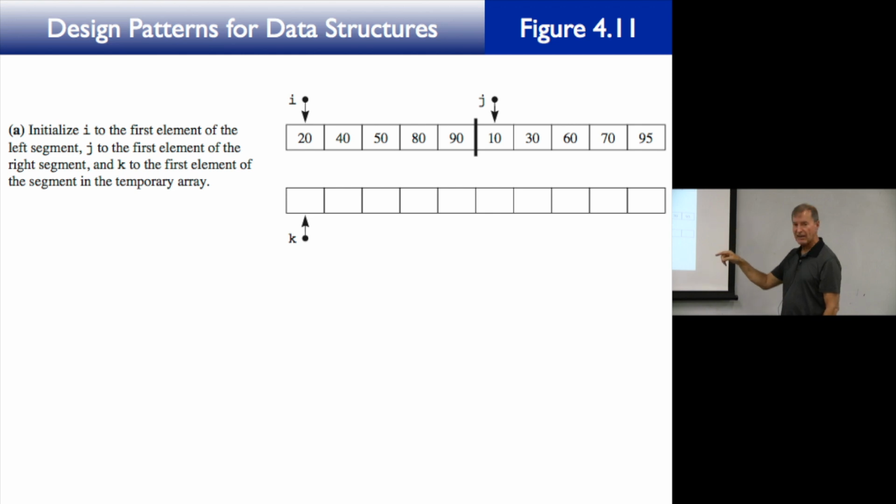You copy j down. Else, if j is too big, let's not actually say all the code. Otherwise, else if j is too big, do what? Copy i down. Else, what do you do? Now you can compare.